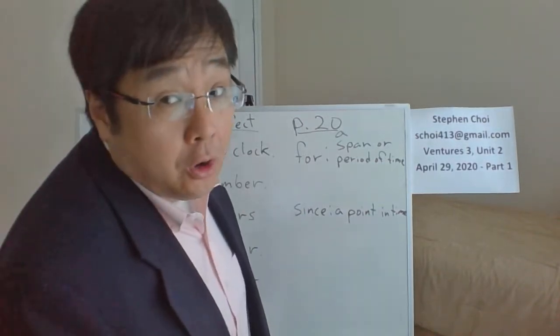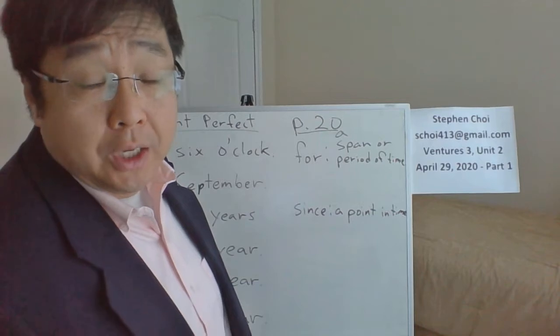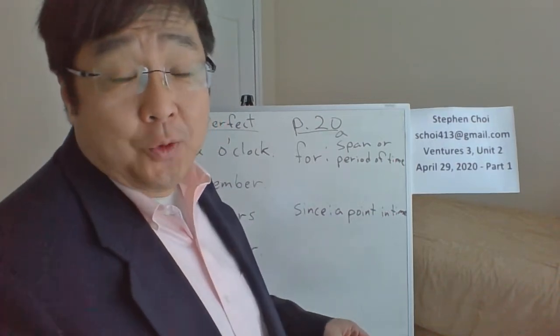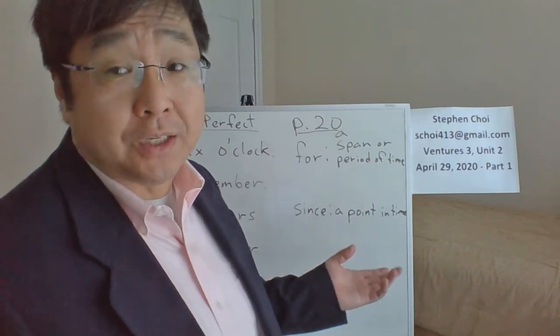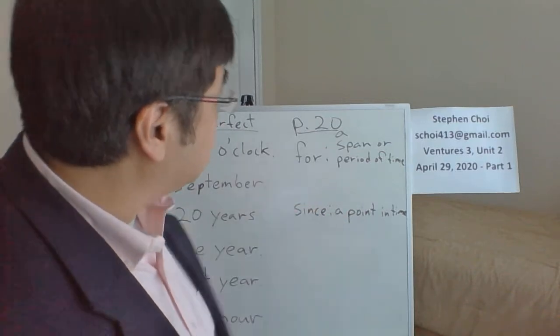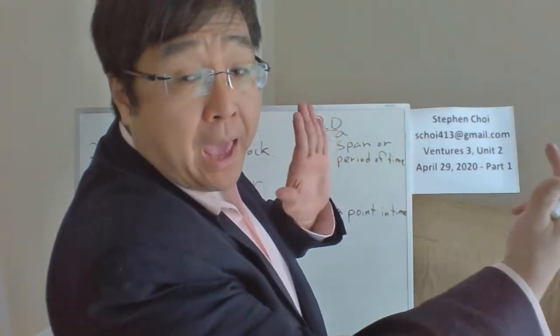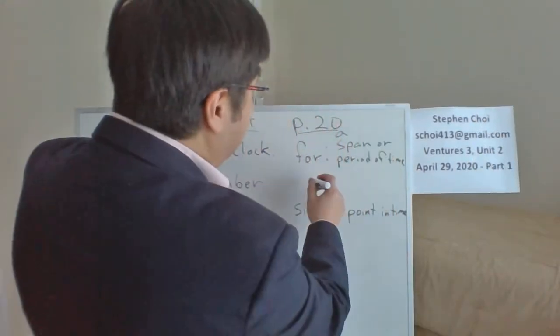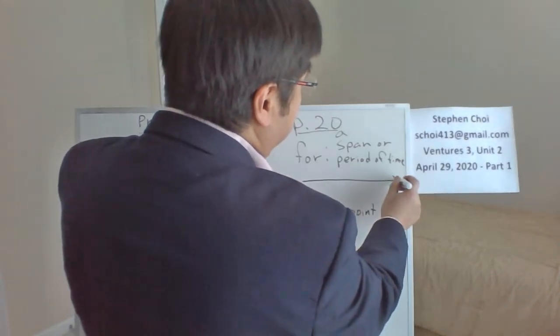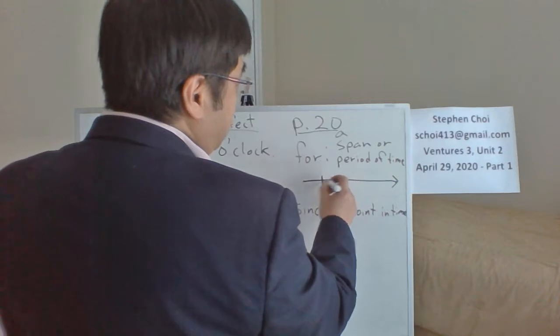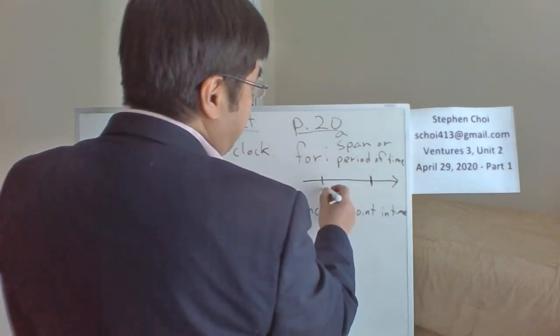So even though present perfect is usually for non-specific time reference, we can have specific time reference when we use the words for and since. Remember, when we use for, we're talking about a span or period of time. Okay, so if this is a timeline, a span is like that, from here to there.